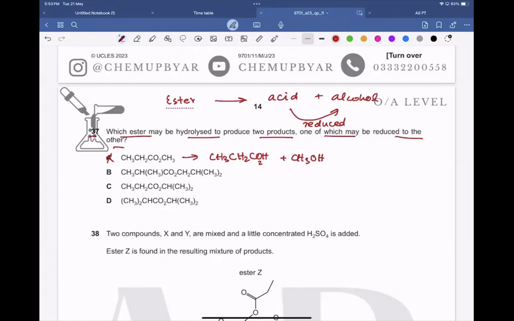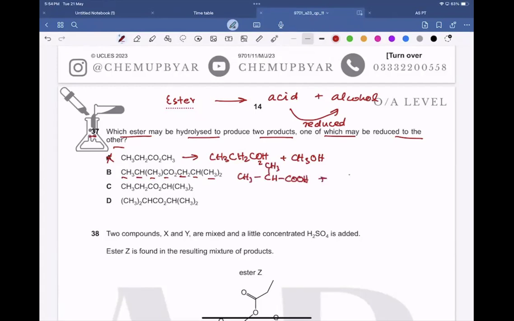If you see over here, 1, 2, 3, 4, and 1, 2, 3, 4. If you hydrolyze this one, you are going to get CH3CH(CH3)COOH, that is an acid.